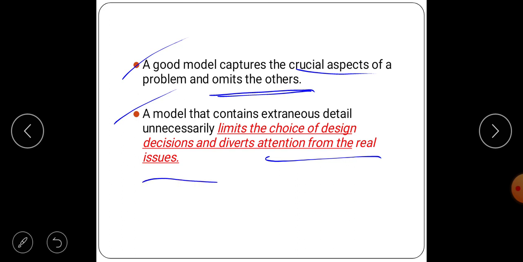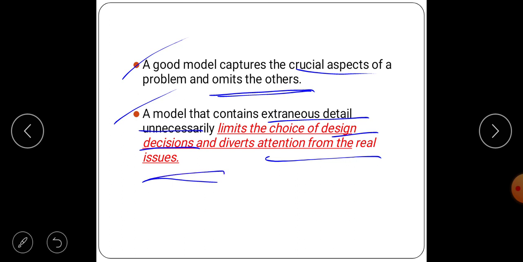Means it is going to limit the choice of design decisions and divert attention from the real issue.